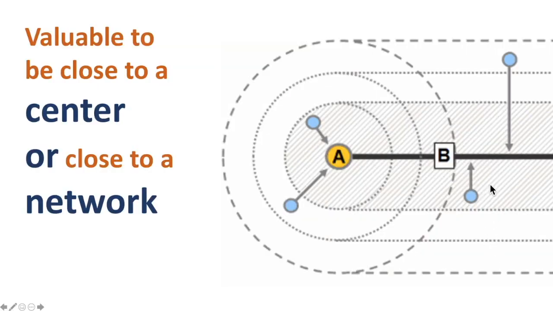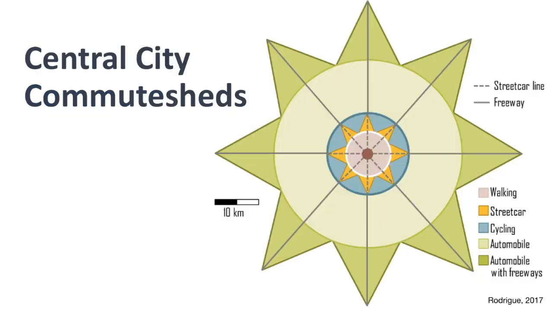And then you see a gradient drop off in price and density away from those transportation infrastructures. So that's what essentially causes this star-like pattern that we saw previously, where there are these gaps in development between these axes of high mobility that give access to the central place.